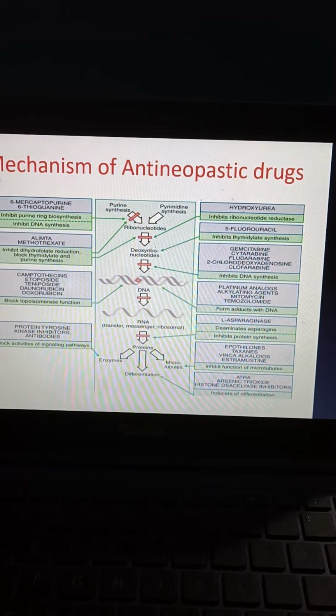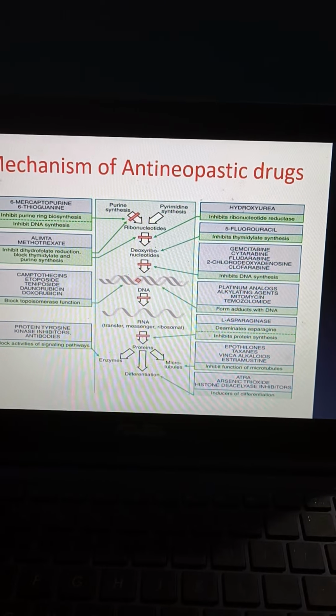This is the table showing examples of cell cycle specific and cell cycle non-specific drugs, the cell cycle effects of major classes of anti-cancer drugs. Cell cycle specific CCS agents include antimetabolites that act on S phase, for example capecitabine, cladribine, clofarabine, cytarabine (ara-C), fludarabine, 5-fluorouracil (5-FU), gemcitabine, 6-mercaptopurine (6-MP), methotrexate (MTX), and 6-thioguanine (6-TG).